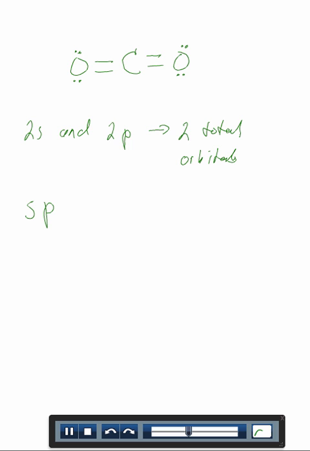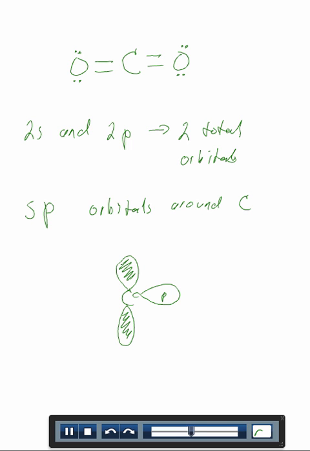So we have sp orbitals around carbon. What about the other 2 p orbitals? We've only used 1, so we have 2 left over. If we combine 1 s and 1 p orbital, they would point 180 degrees away from each other, and it's the correct linear geometry for carbon dioxide.